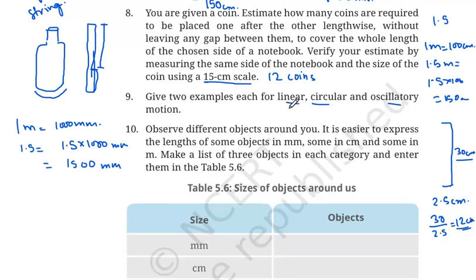Just one we did: a car moving on a straight road. What else can you say about linear motion? We can also say a stone falling freely. We can write that. A person walking on a straight road, we can write that. A cyclist cycling on a straight road, we can write that.